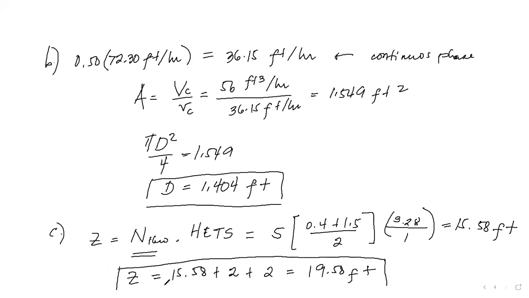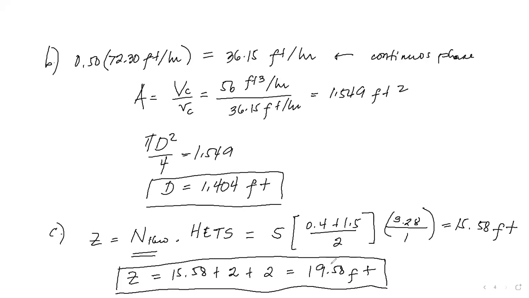So this is how we design our extraction tower based on the theoretical number of stages and the HETS factor taken from a characteristic table, and also using the flooding condition. So we're using 50% of the flooded condition of the column, unlike in gas absorption wherein we're using 60%.